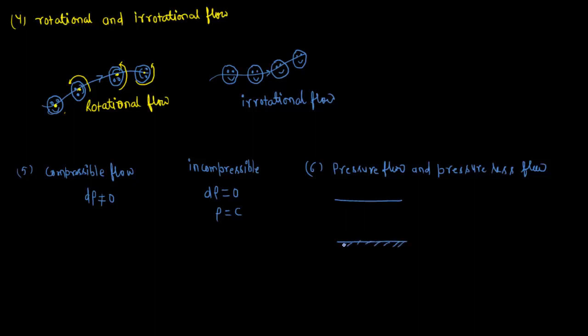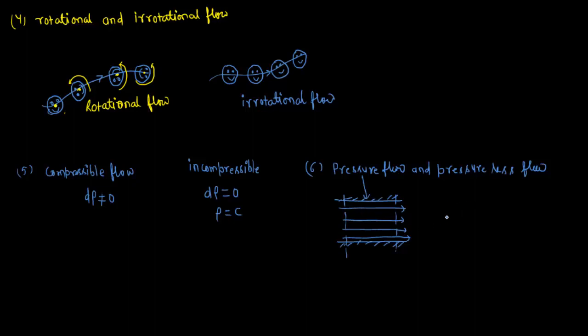This is a pipe wall here, and in this case flow is happening and the pipe is completely filled with the fluid. In that case there is no free surface of fluid in the pipe. This type of flow is defined as pressure flow. That means if there is no free surface at all, the flow is termed as pressure flow.